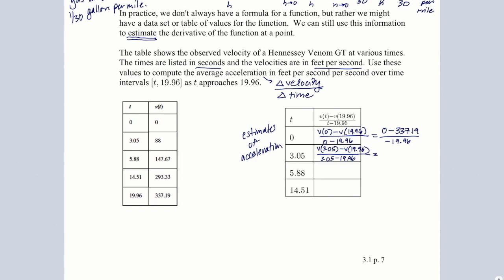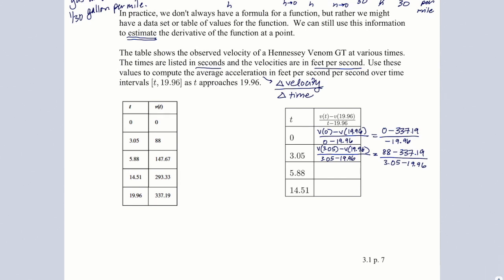So v of 3.05, that was 88. And then at 19.96, the velocity isn't changing. That will be the same in each of these. And then we'll have 3.05 minus 19.96. All right. So we see this pattern, right? We're taking the velocity at a certain time.